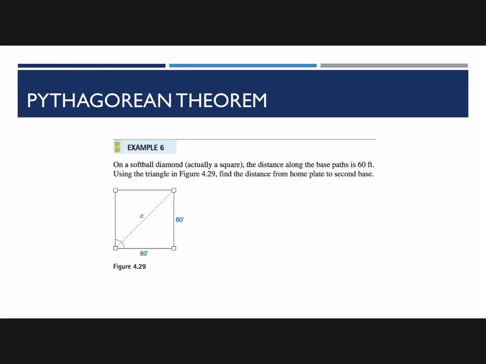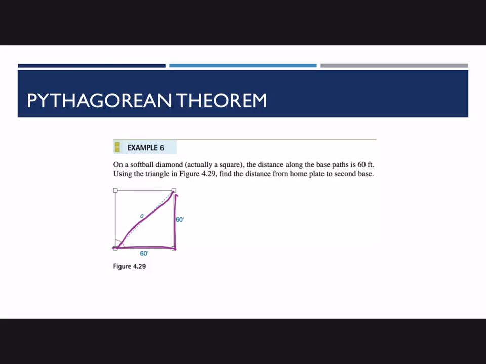Here's another one. This one doesn't work out with an integer answer, but if we looked at a softball diamond, which is actually a square, and we know that the distance along the base paths is 60 feet, then we can use the Pythagorean theorem to find the distance from home plate to second base.